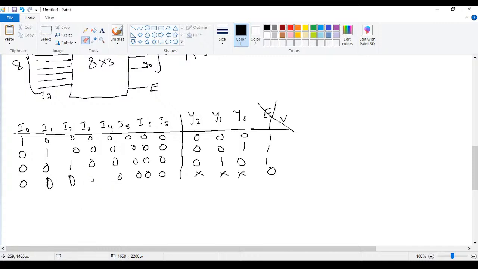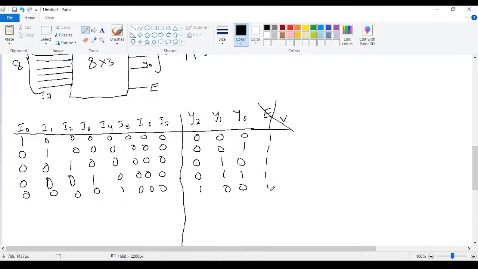Okay, so we just remove this, and we write it last here. Now we can take it as 1. So here we write I3 equal to 1 means 0 1 1. Okay, so I4 equal to 1, one output is 1, means 1 0 0.